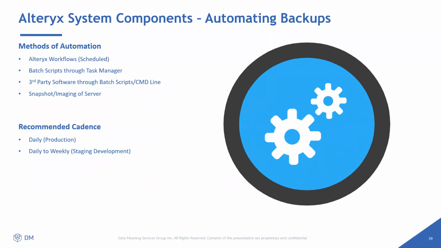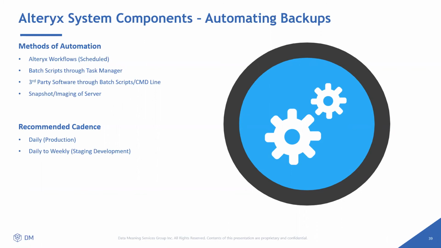So for automating your backups, first off, you can build an Alteryx workflow and schedule it to do it. You can set up command line inside the Alteryx environment. So that stop, start, and push, you can do that by taking a little bit of leverage and saying, okay, I'm going to tell this workflow to run this batch script.